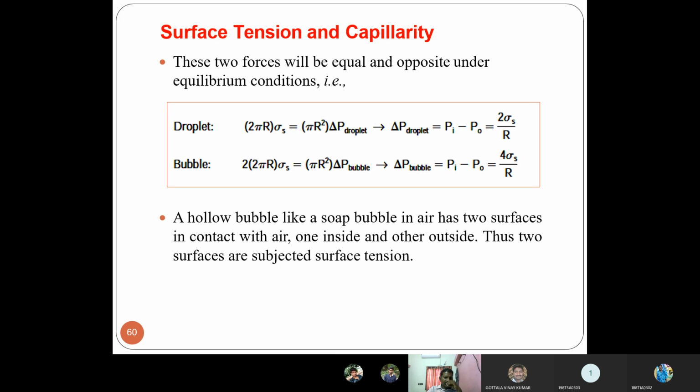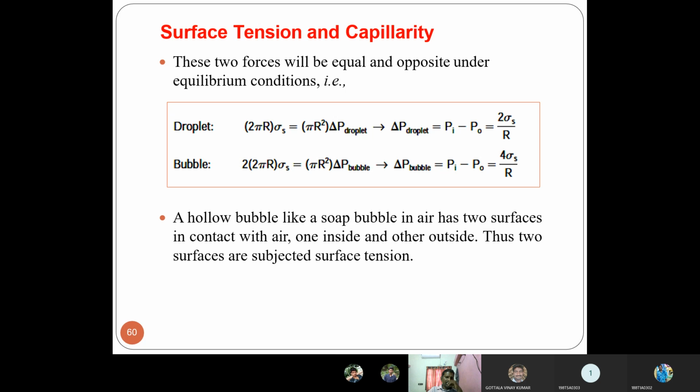For a droplet, the pressure difference Pi minus P naught is equal to 2 sigma by R. R is equal to diameter by 2, so R can be replaced with D by 2. In the next step, 2 will come to the numerator. 2 into 2 is 4. Therefore, delta P is equal to 4 sigma by D.